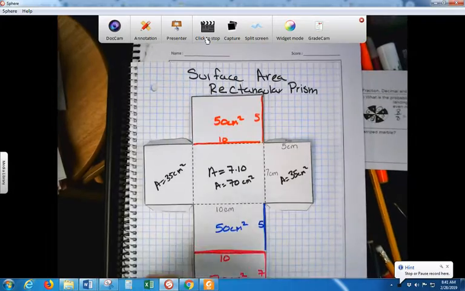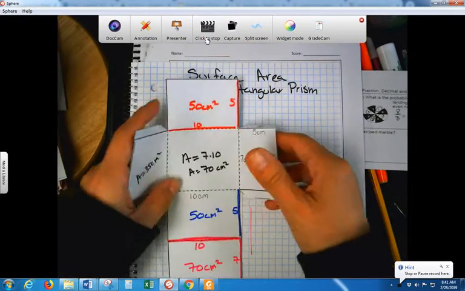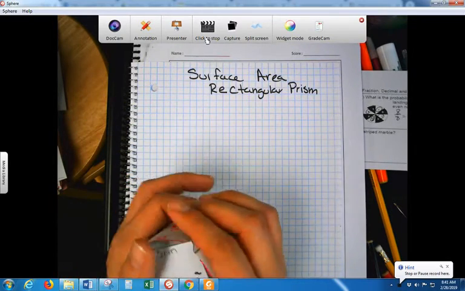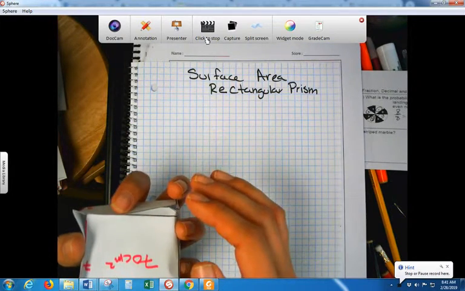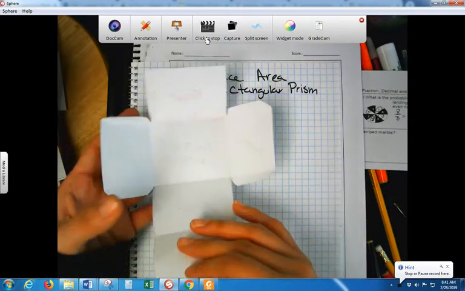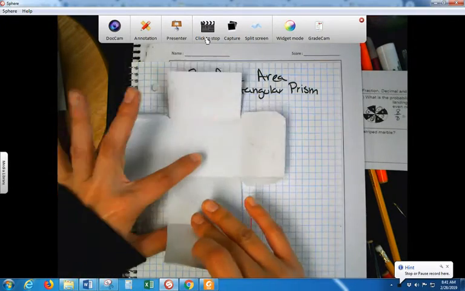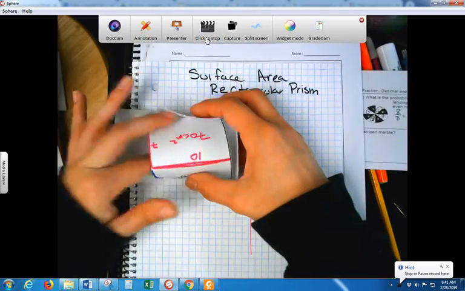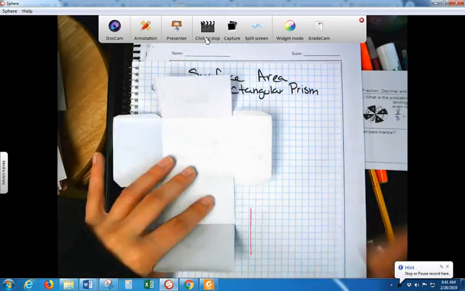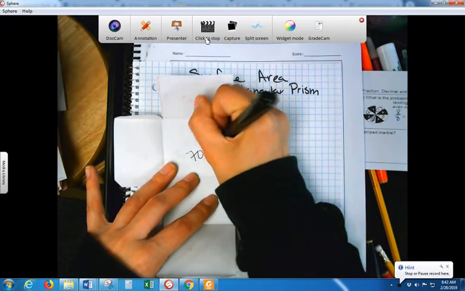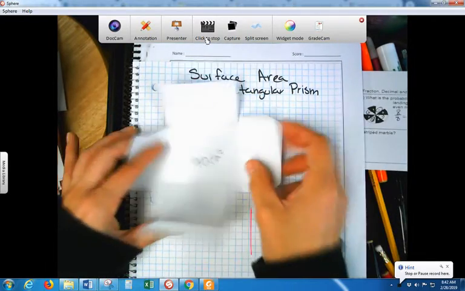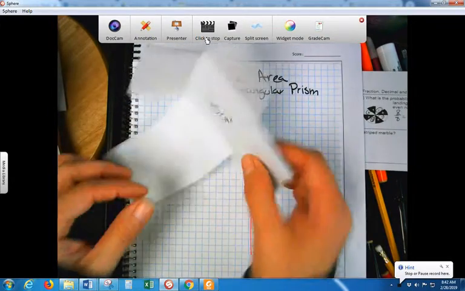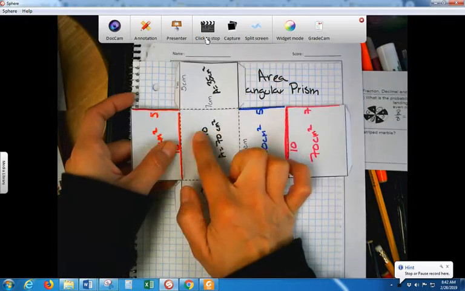Okay, so if I glue it this way, when you fold it, you can see the numbers, right? You can't see one of them, which is your 70 centimeters squared. If I fold it, I'd rather you fold it this way. So, just put glue in this square, or rectangle.